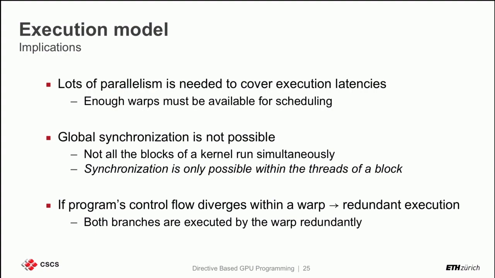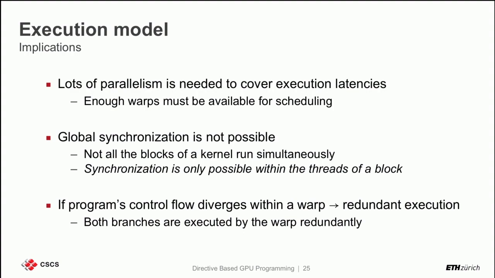But there is a more important implication, which we've already said before: we need lots of active warps, lots of active threads, lots of active blocks in order to hide the memory latency. We need lots of pending work so that when a thread or a warp blocks on a memory access, there is enough to be scheduled after it.